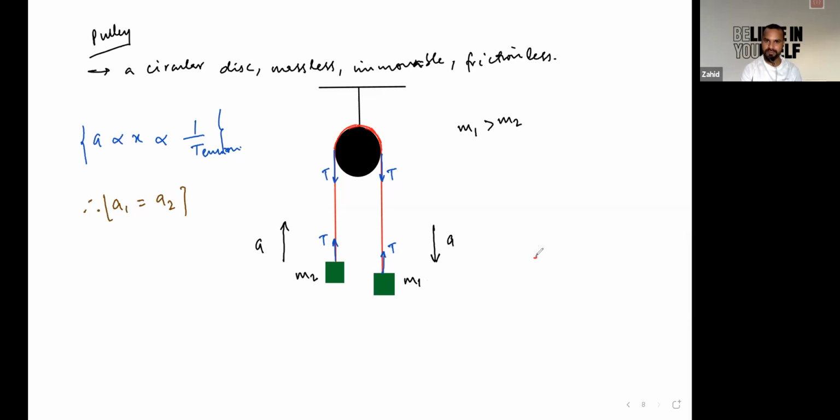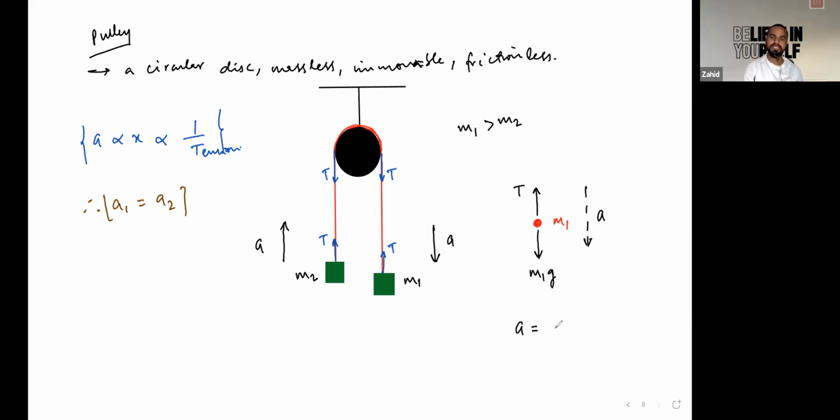Let's say for this M1, which is experiencing a force mg in the downward direction, and a tension T opposite to this particular point of contact, and since the whole system is going downward with some acceleration A, using the second law, you would find a relation between them.